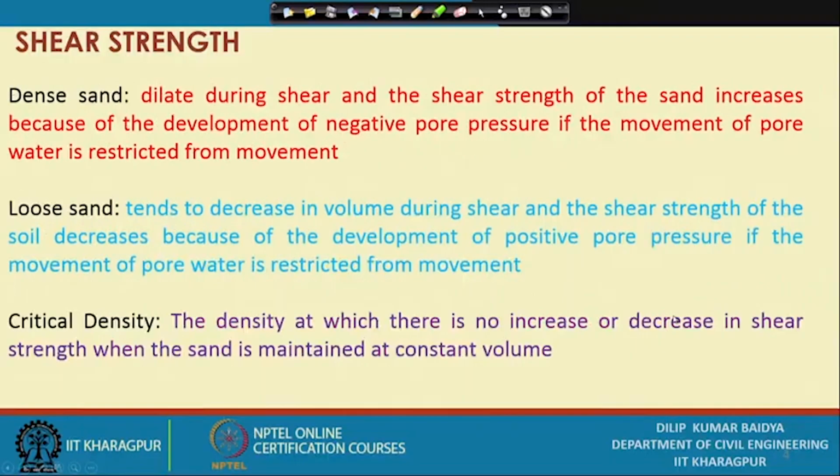Now, this is dense sand. When sand is dense, during shear it dilates, that is, there is a change in volume, an increase in volume, and because of that the shear strength of the sand increases. The reason is that if the volume increases, then negative pore pressure develops.